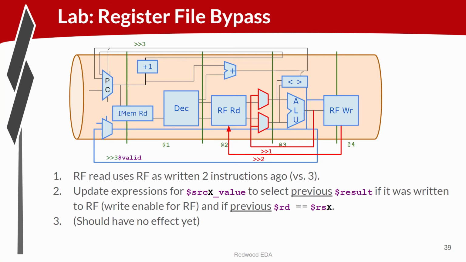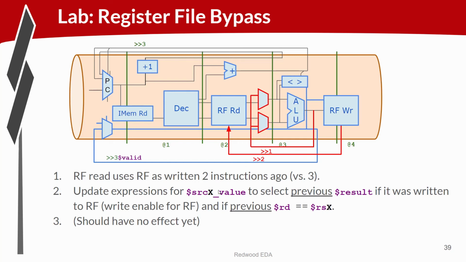Second step is to introduce these muxes. Previously the source values were the two values coming out of the register file. You'll introduce a mux, and those values will now be the values coming out of the mux. You can add an intermediate signal for the one coming out of the register file if you like, or just make a big expression.